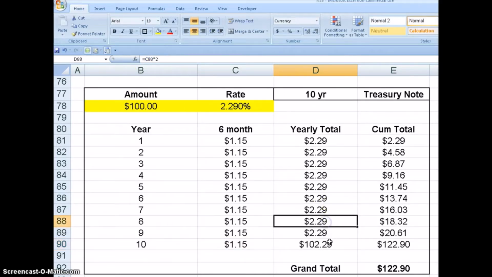So really in the last year, you're getting $102.29. So if you keep the running total, your grand total from this is $122.90. So in year one, or a little before year one, you gave them $100. At the 10th year, you have made a total of $122.90.